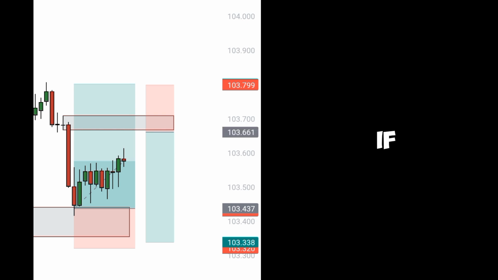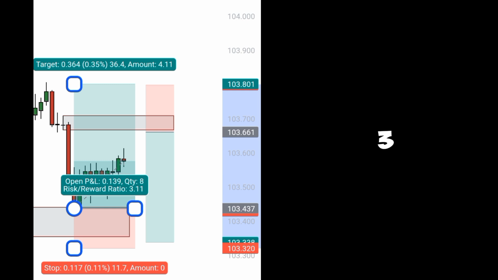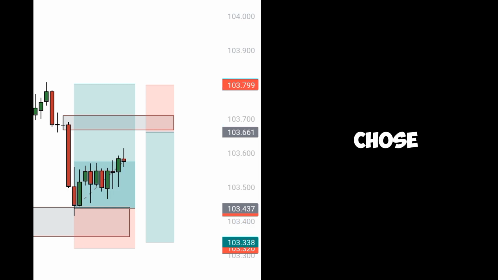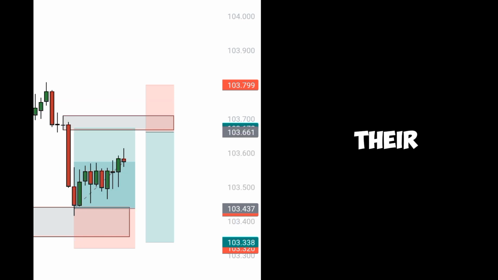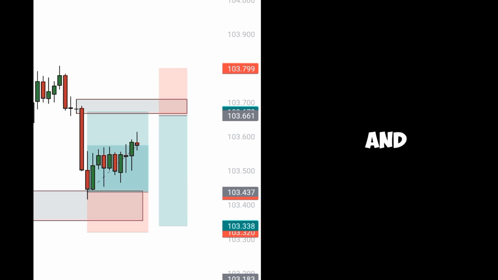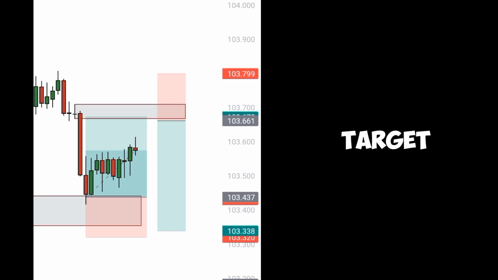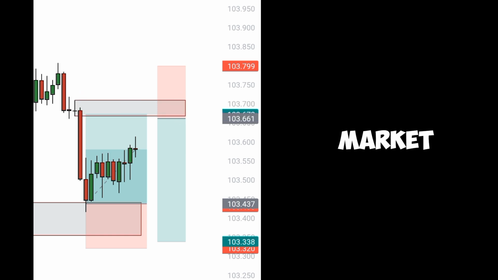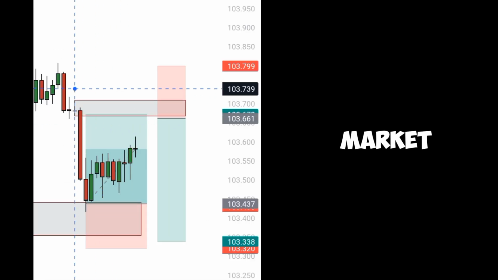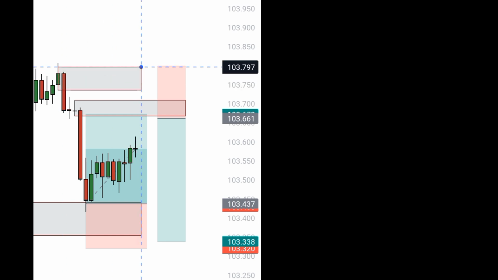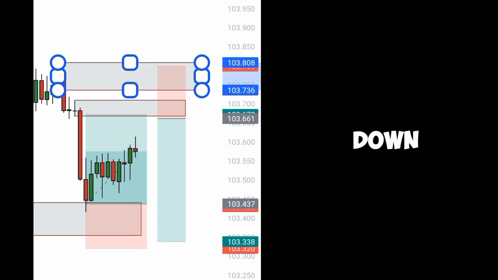If you choose a 1 to 3 risk reward ratio, someone who chose a 1 to 2 risk reward ratio will most likely hit their target, and you may not hit your target. Now this is another block where the market can start making a push to the downside, or we have yet another order block where this market can also push down to the downside.